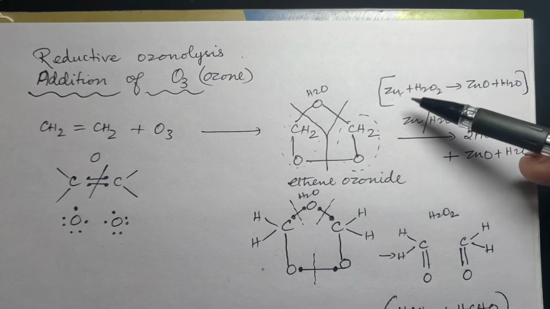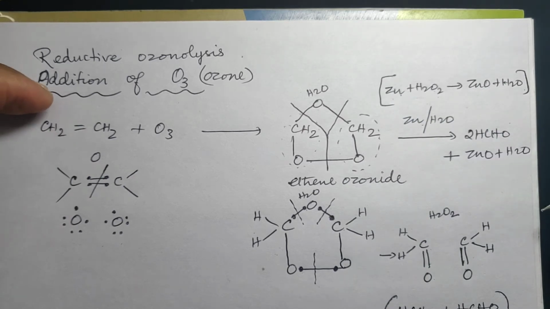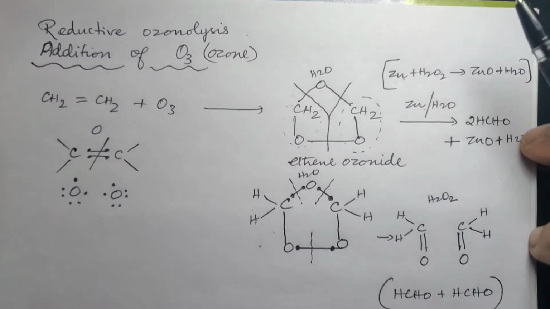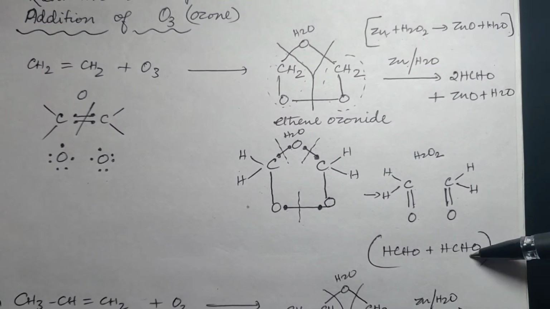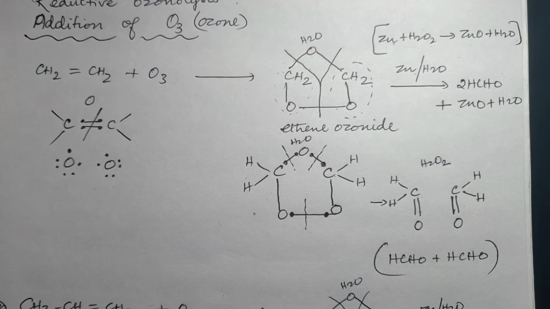And zinc is acting as a reducing agent. That is why you are calling it reductive ozonolysis. Okay? So what are the products formed? Two molecules of formaldehyde will be produced in this ozonolysis of ethene.